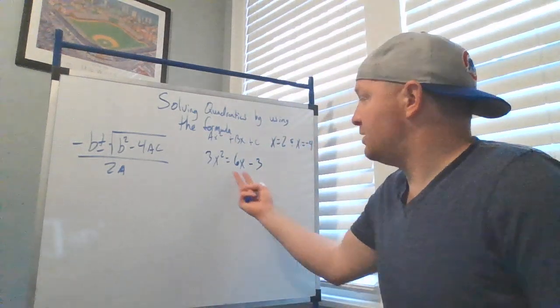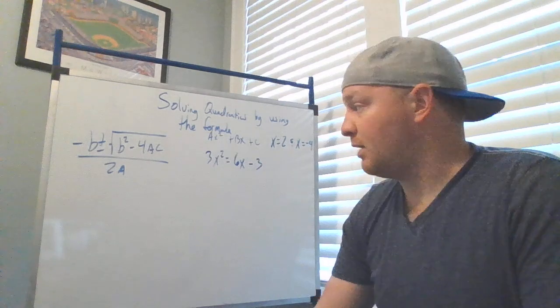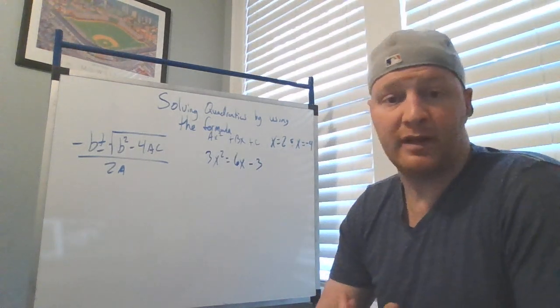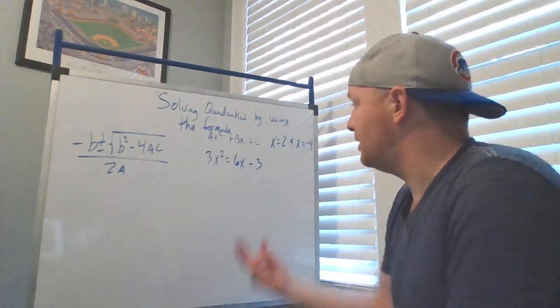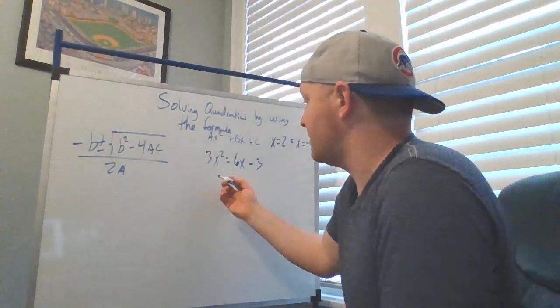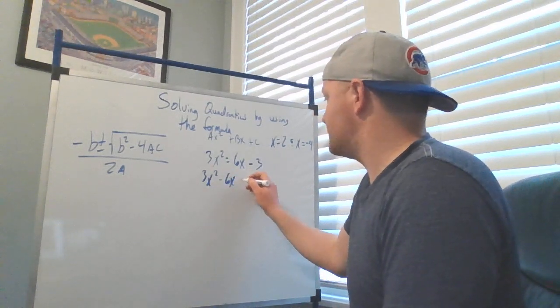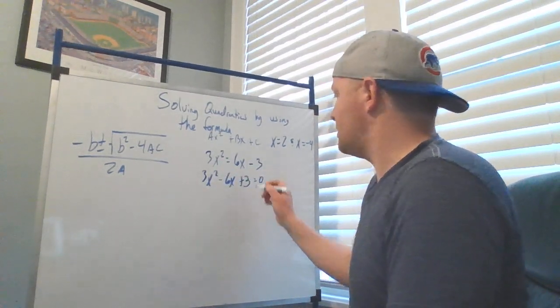Or I could just bring both of these over to this side. So you pick your poison. It doesn't make a difference what you do. I just like to keep my a positive. I'm a creature of habit. So if I can keep this positive, I'll bring both of these this way. It just works for me. So now this says 3x squared minus 6x plus 3 equals 0.